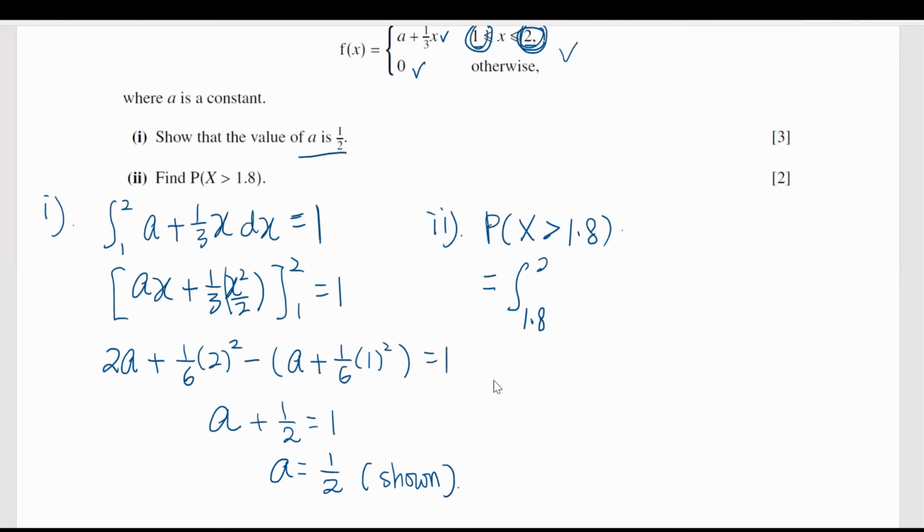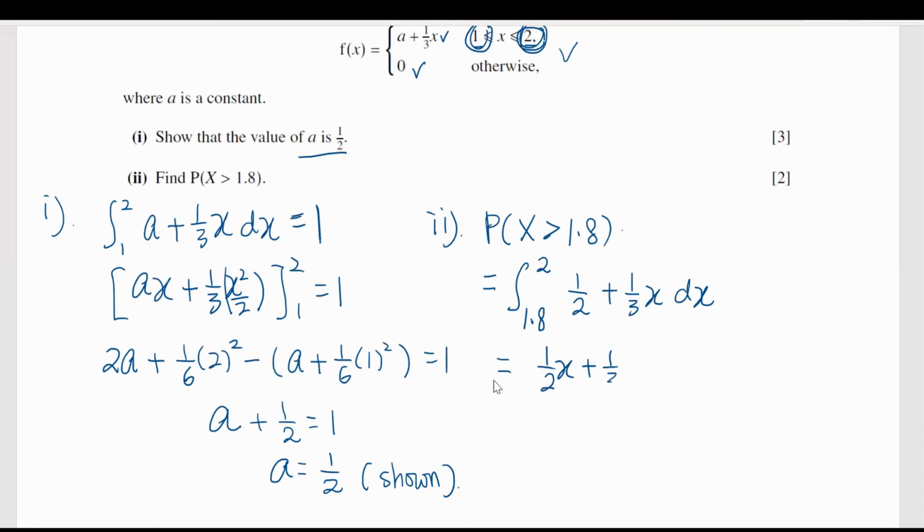So we integrate from 1.8 until 2 of the PDF, and the value of a is a half. We sub in, and 1 over 3 x dx. Once we find the integration value, we have found the probability that x is greater than 1.8.